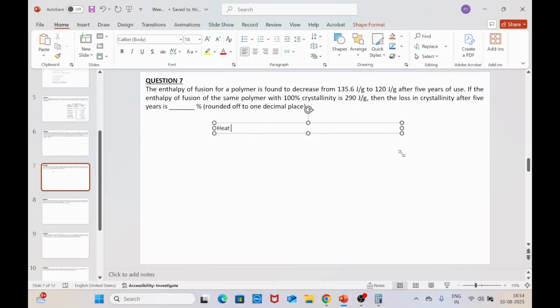Let's say I make it somehow 100% crystalline, then in that case it is going to be 290. So can you write something like this?